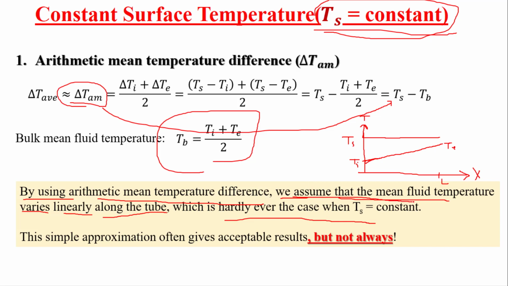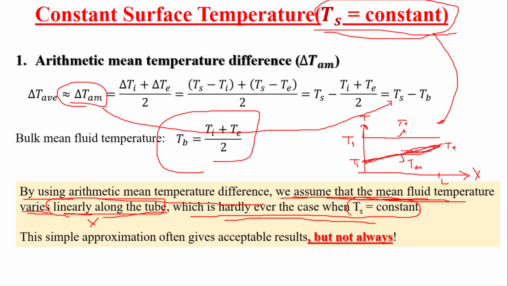We assume that the mean fluid temperature, this represents the T mean profile of the fluid and this represents the surface, which is constant in our case. We assume that the mean fluid temperature varies linearly along the tube, and this assumption gives us a high percentage of error, which is hardly ever the case when Ts is equal to constant. When Ts is equal to constant, the mean temperature profile of the fluid can never be linear.